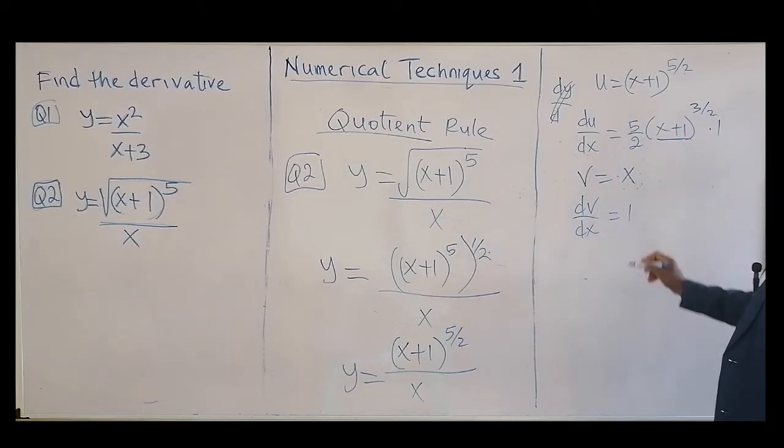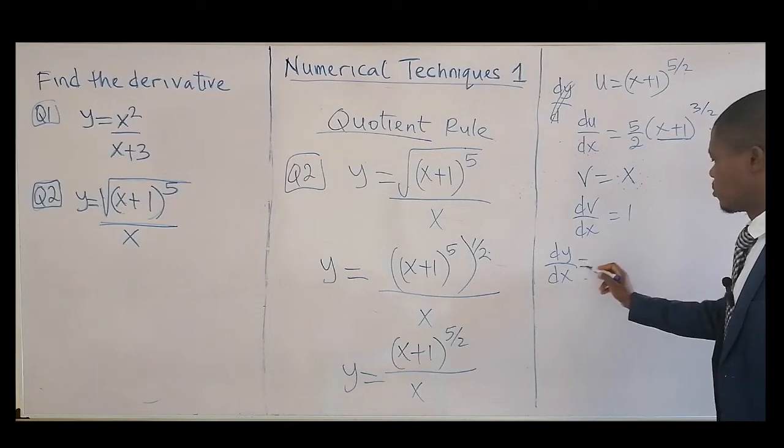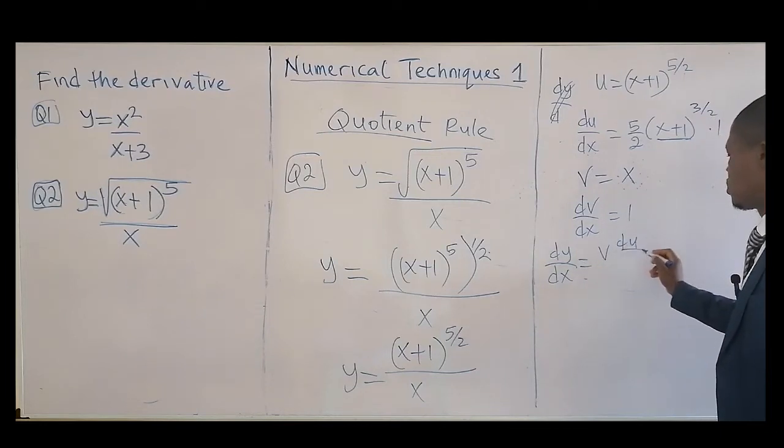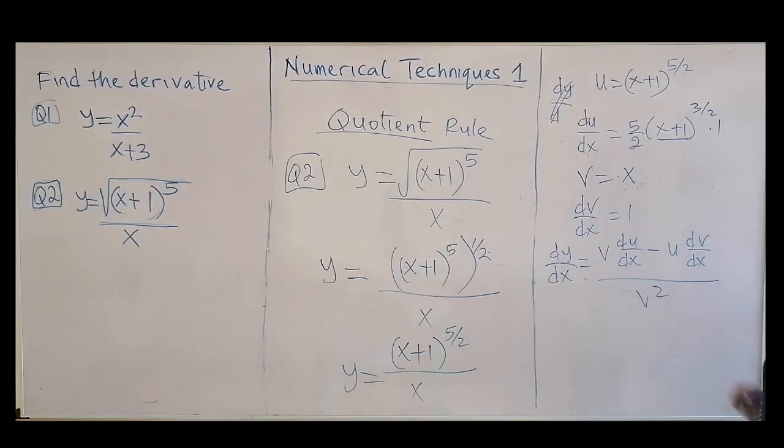The dv/dx is 1. So dy/dx will now become, applying your formula, v du/dx minus u dv/dx, all over v squared.